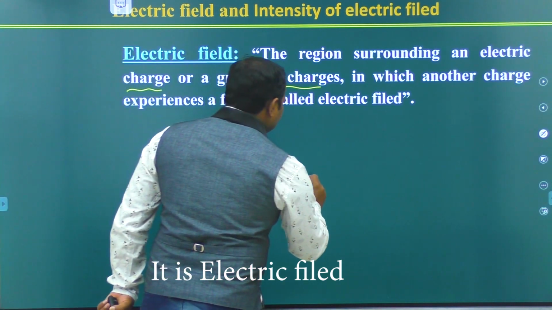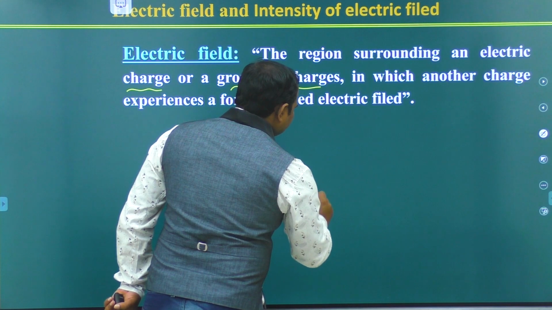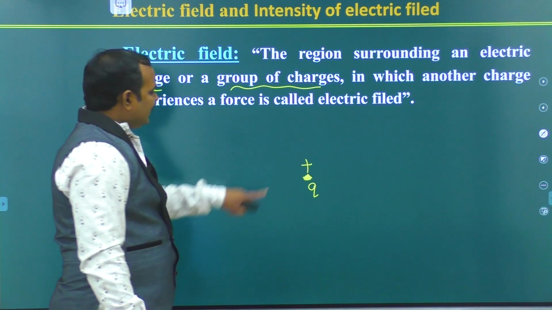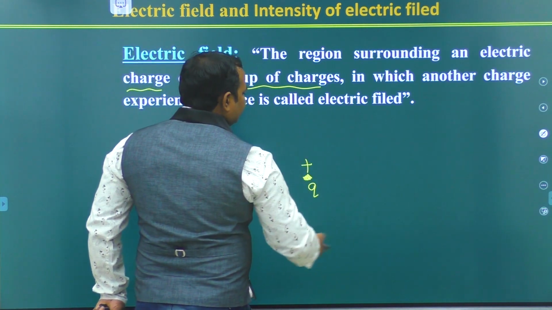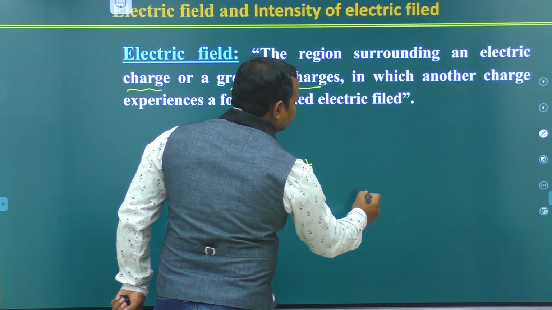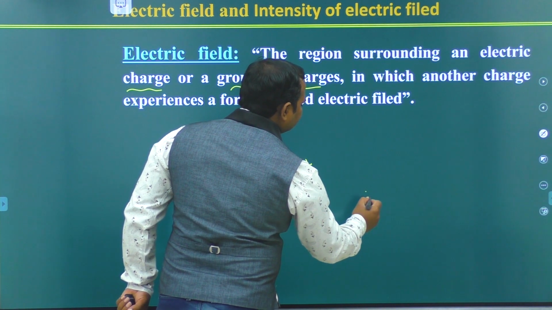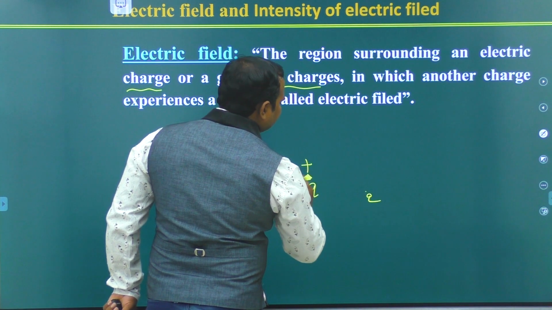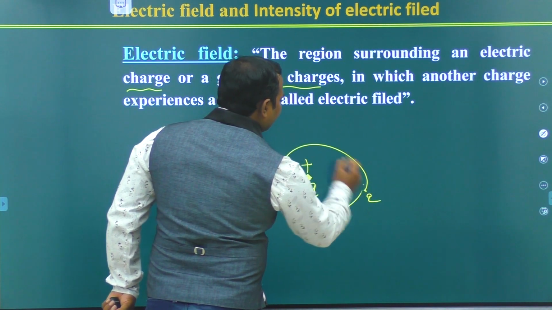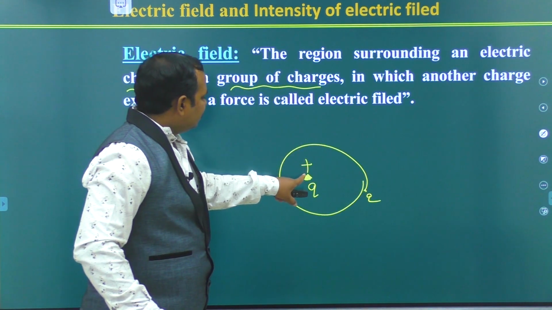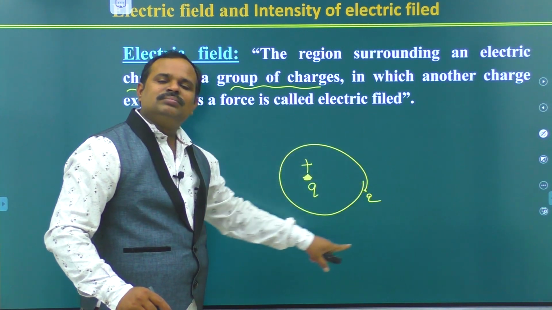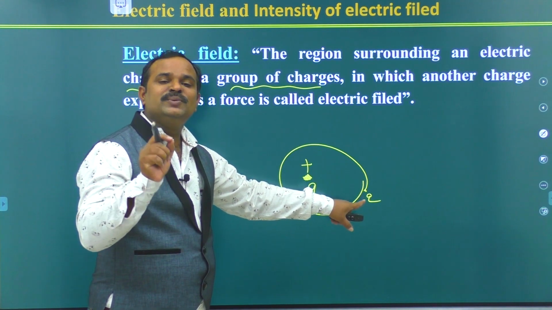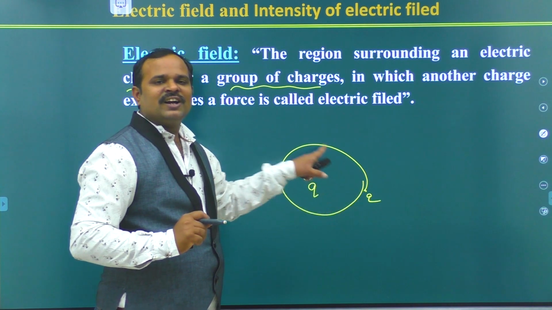That means if I have a charge, a positive charge I am considering, and somewhere nearby I keep another small charge, a test charge small q, and this charge experiences a force because of the first charge, then we say that is called electric field. That means in the region surrounding the charge, there is something because of which this charge is experiencing some force.